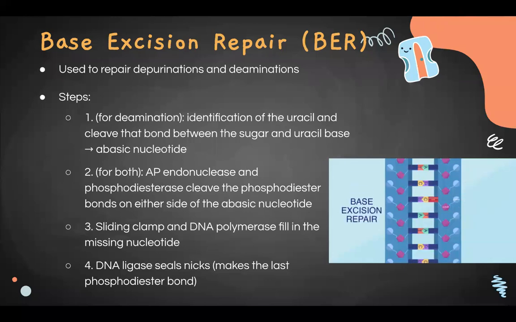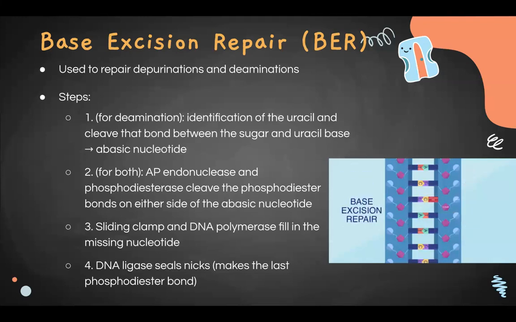So deamination has an extra first step where it has the identification of the uracil, and it has that bond cleaved between the uracil base and the sugar, which causes it to be an abasic nucleotide, which means it's a nucleotide without the A, T, G, or C. And so it would just be a sugar and a phosphate in the backbone, with nothing in the middle there.